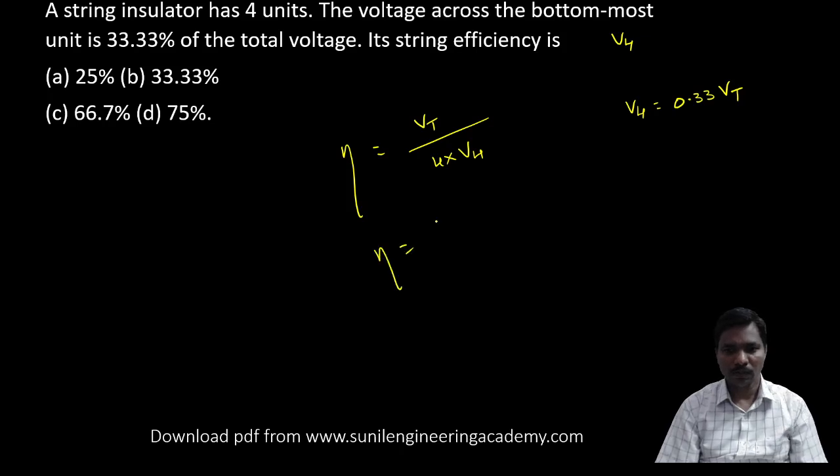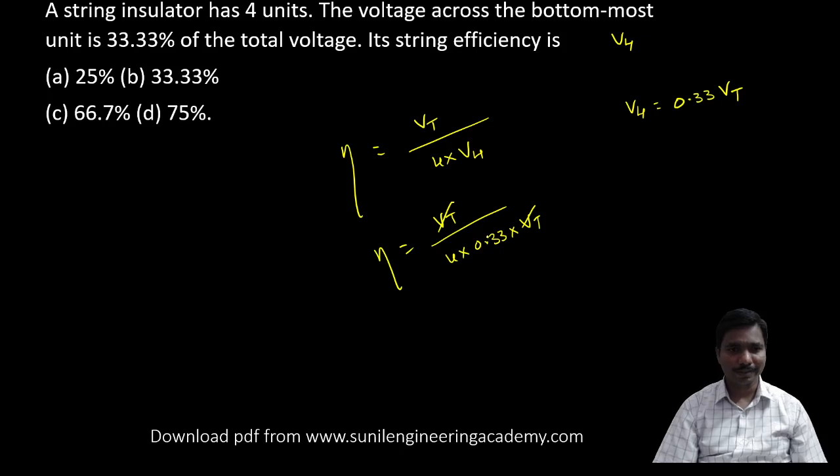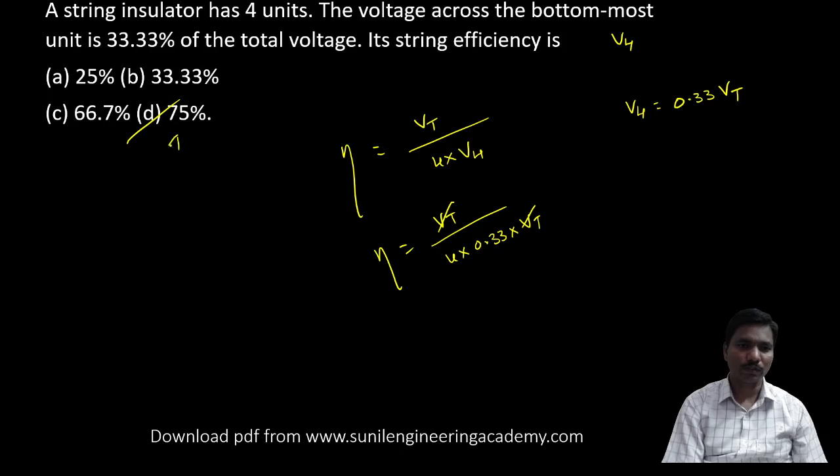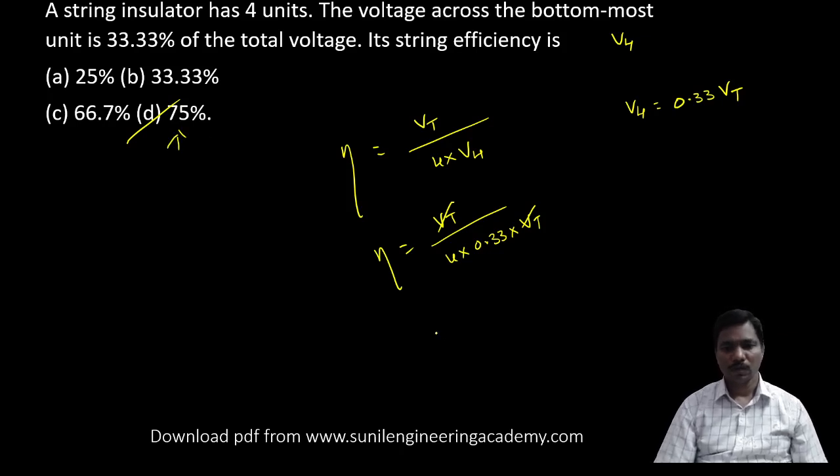So let us take Vt by 4 into 0.33 of the Vt. So it is cancelled out. So 4 into 0.33, that is 1.32, and 1 by 1.32 is very near, less than that of 100%. So you will get approximately 75%. Or 0.33 means 1 by 3; 1 by 3 goes to the numerator, so 3 by 4, which means 75%. So the answer is option D.